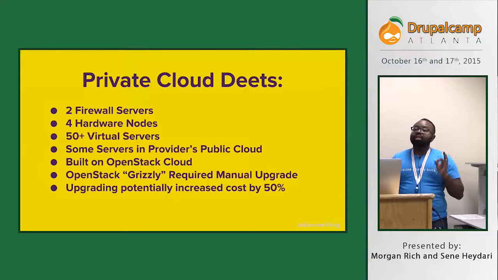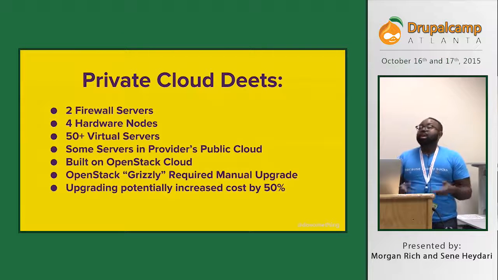And also upgrading from the old version to the new version was going to increase our cost by at least 50%, because the new version of Icehouse with this particular provider required a whole bunch more hardware. So I think we needed like an additional 7 hardware servers in order to run the thing, and we just don't have that much.